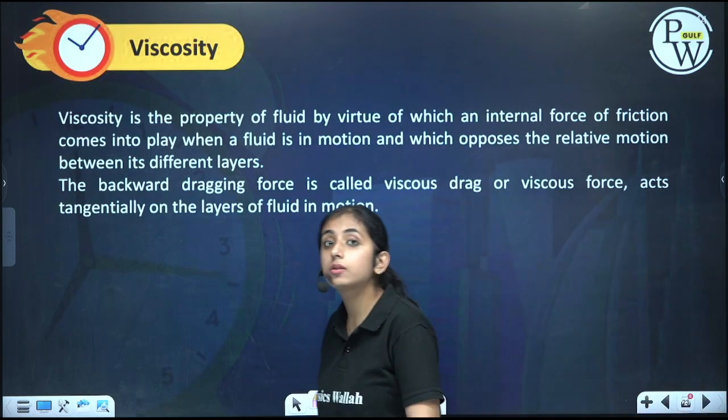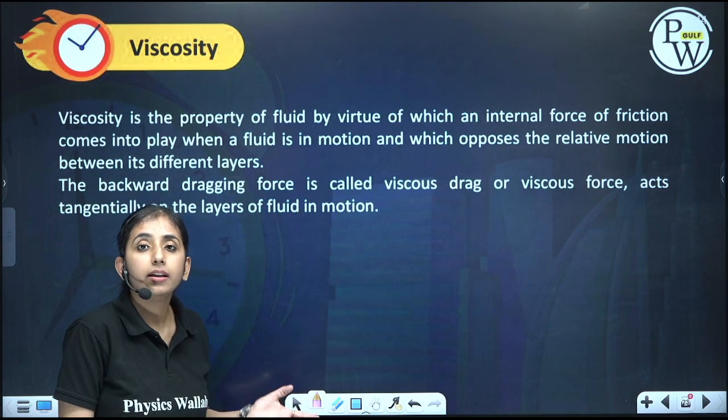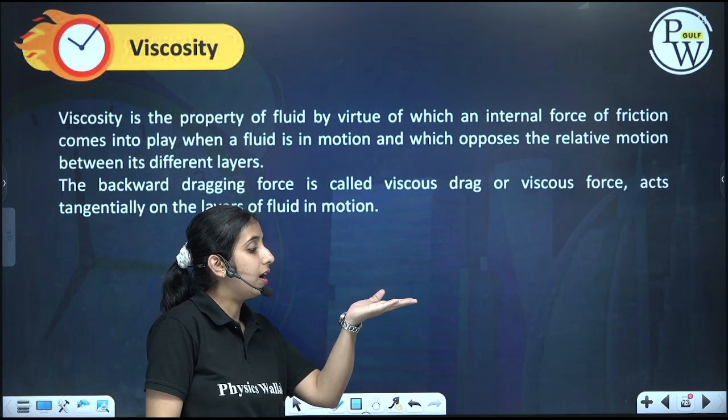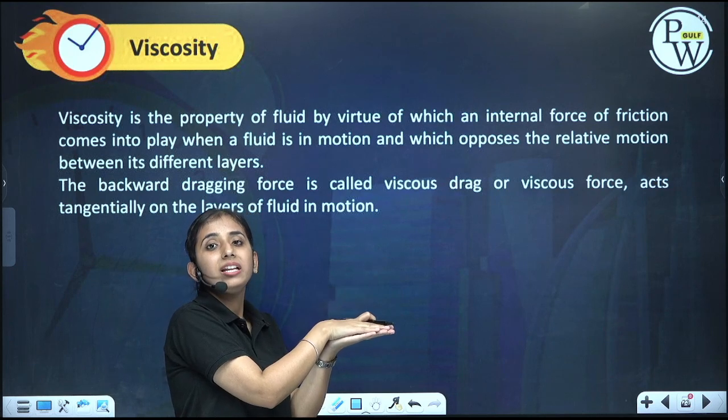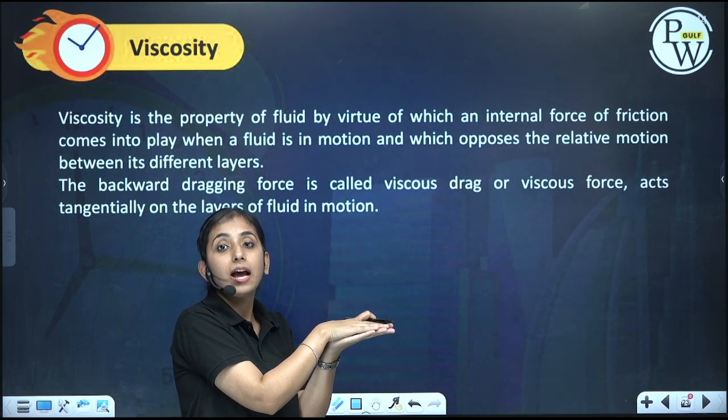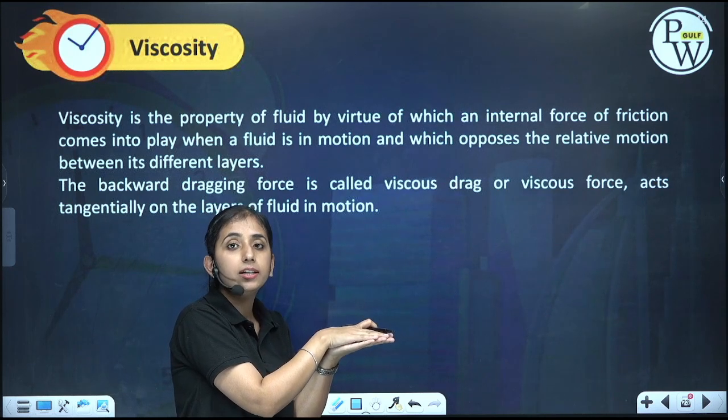Next is viscosity. Now what is viscosity? When a fluid is moving on a surface, the layer of fluid in contact with the surface has 0 velocity, it is at rest.